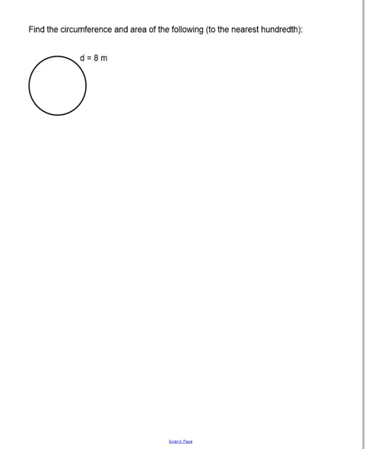So remember, circumference is just a fancy word for perimeter of the circle. And the formula for circumference is pi times diameter. Remember that diameter is the distance across the circle. So that would be this distance here.